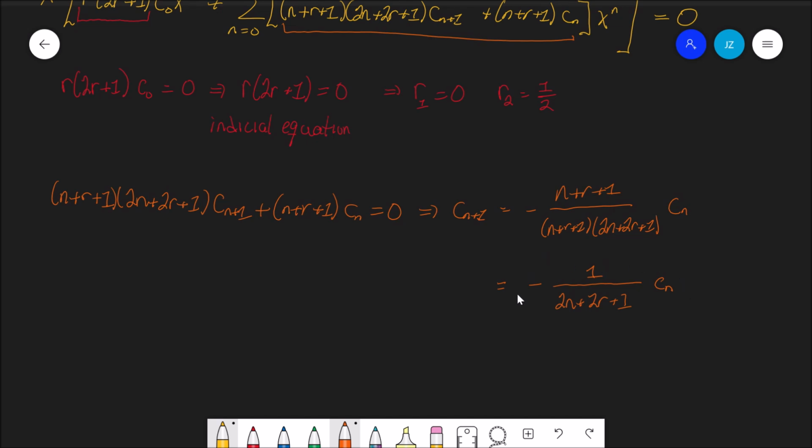Now this will give us two recurrence relations, one for each value of r.